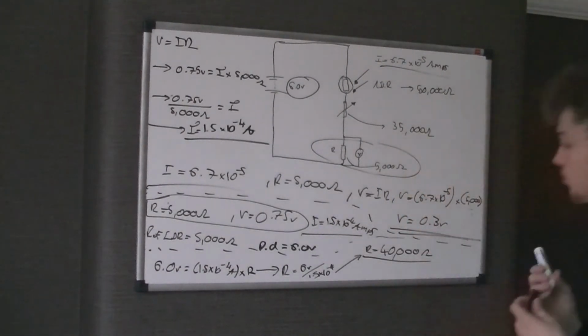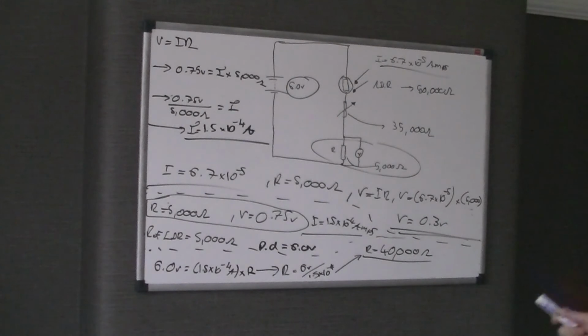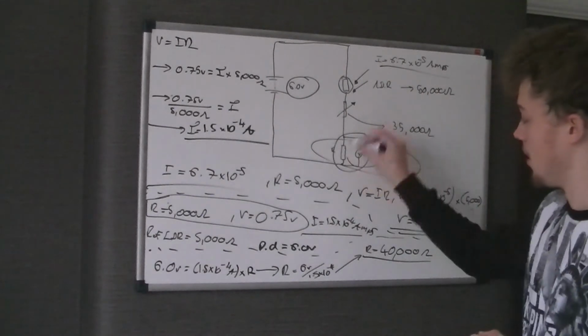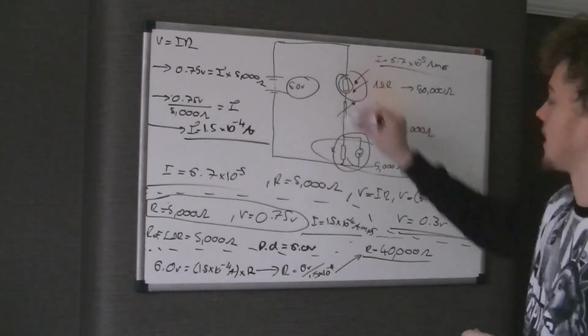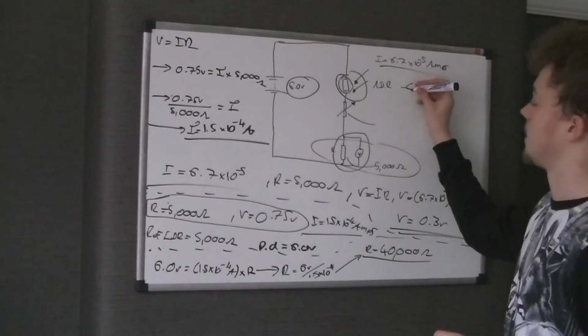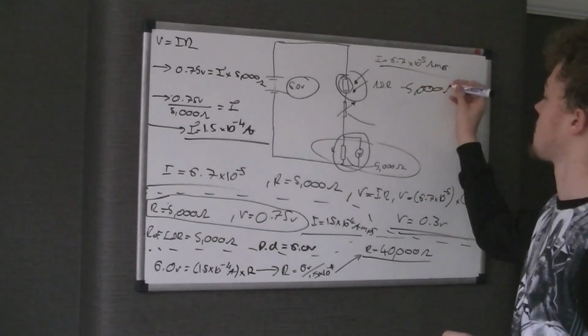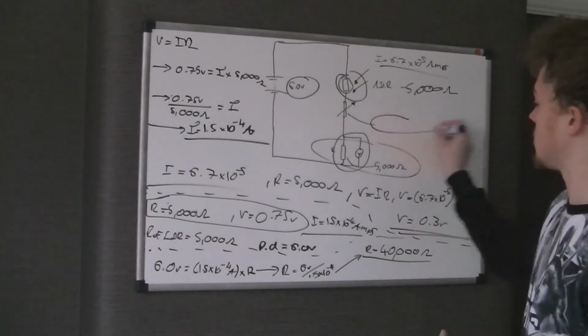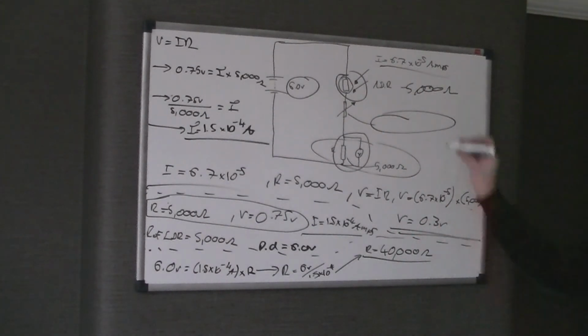So the total resistance of the circuit must equal 40,000 ohms. Now we know that the resistance of the resistor R is 5,000. The resistance of the LDR is, we'll change this because we're on a new question now, 5,000 as well. So what must the resistance of the variable resistor be?